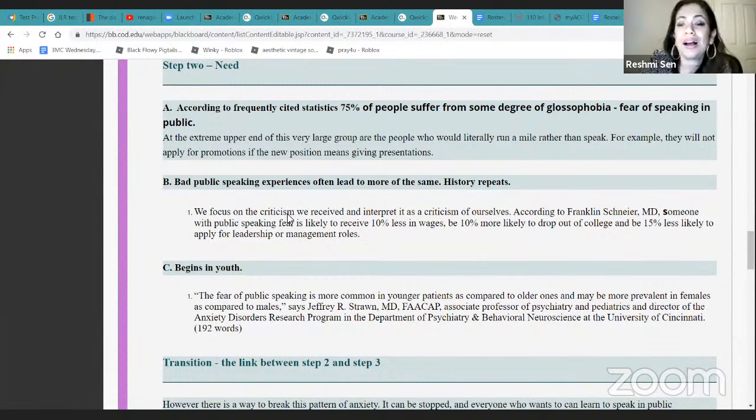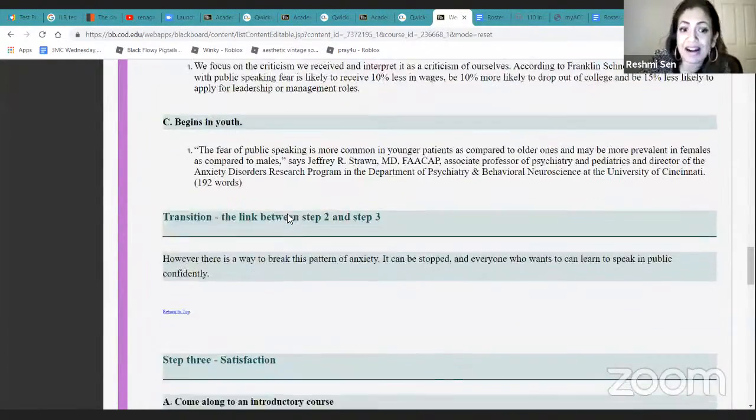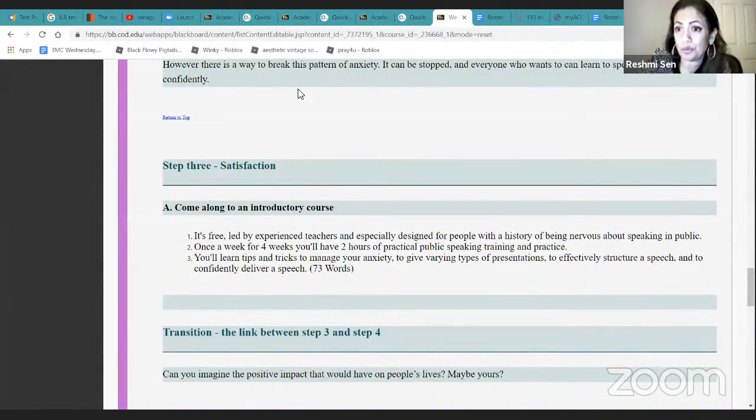So when I do this, I set the stage that help is there. And then I move on to the third step. I just covered the attention step, the need step, and the third step, which is the satisfaction. This is where I come with my own mantra, my own product, my own idea, and I introduce public speaking and the course.